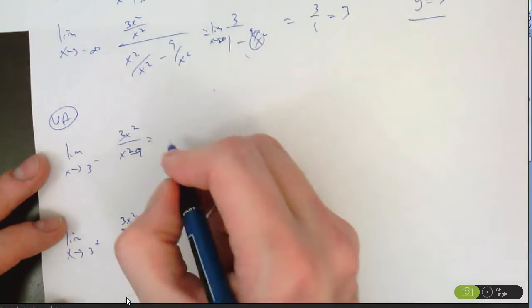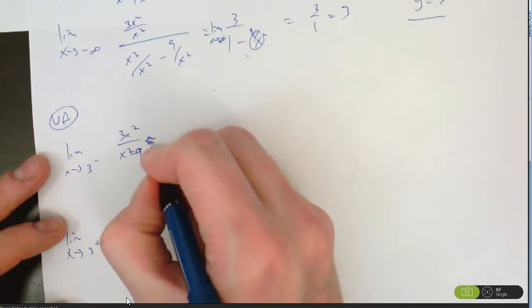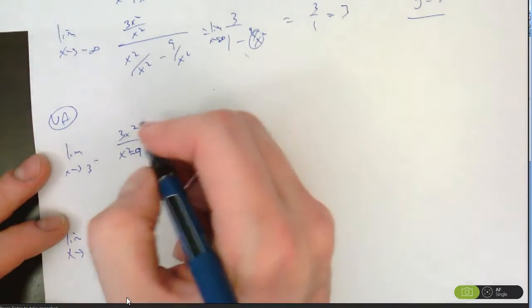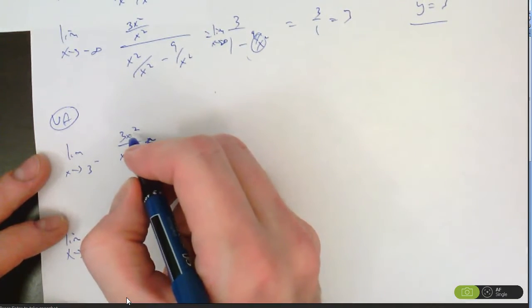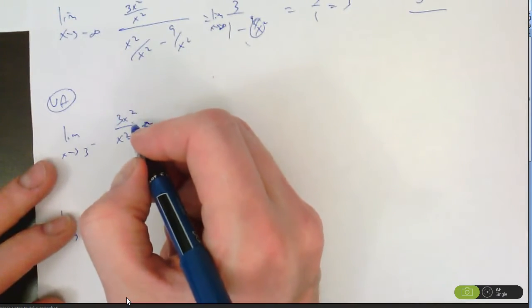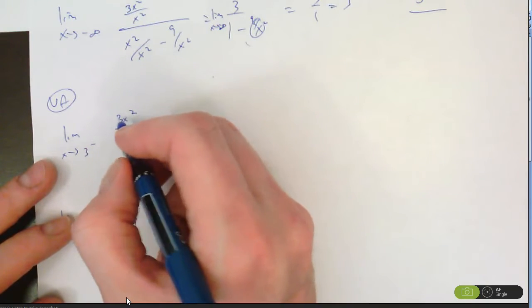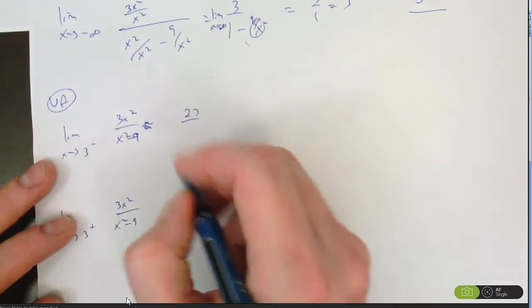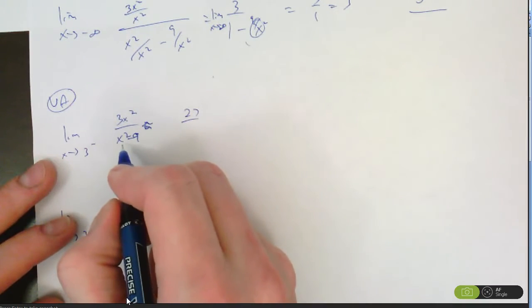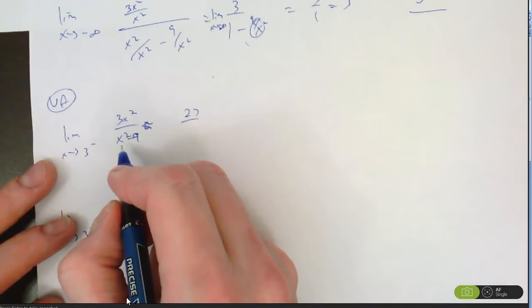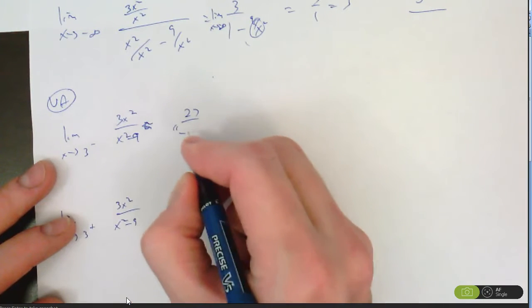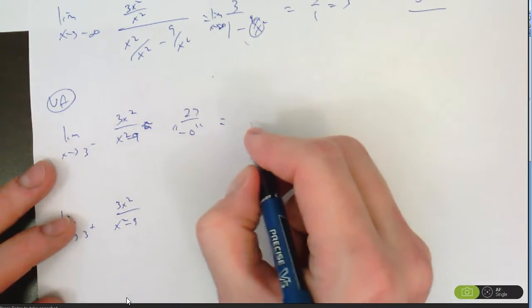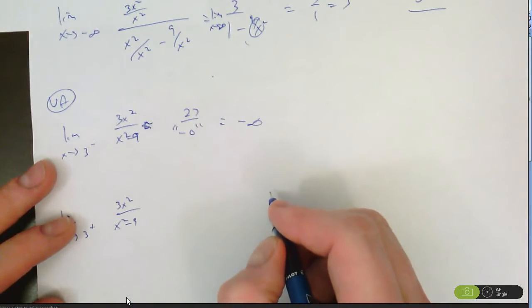Okay, so on top, I can really just think of this as, and I like to put approximate because it's not really equal to, but it's approximately equal to me plugging 3 in. Just a little bit smaller than 3. Well, it doesn't matter. I'm going to square it and then multiply by 3, so I'm going to get 27 about. On the bottom, though, a number a little bit less than 3, when I square it, is a little bit less than 9. So minus 9 is, quote unquote, negative 0. This guy blows up to negative infinity then.